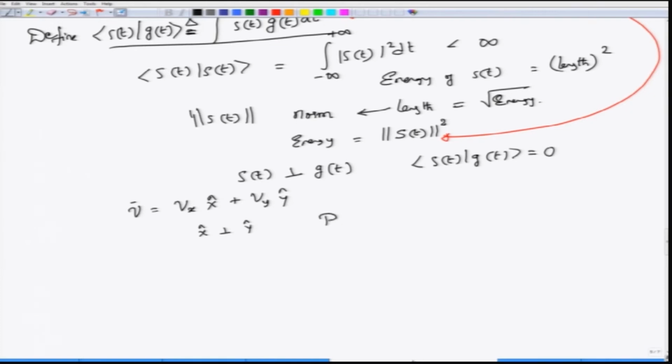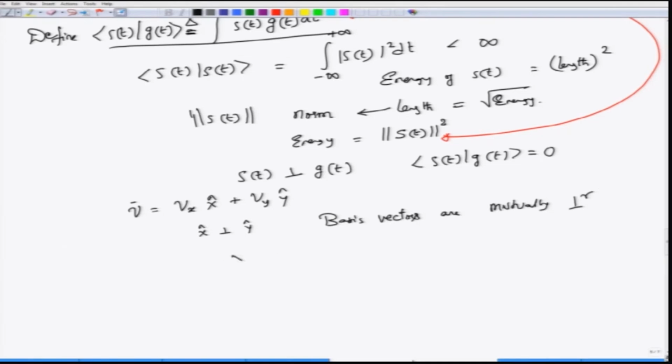So, this is the additional property that the basis vectors are mutually perpendicular. If you were to consider the 3-dimensional case, then x is perpendicular to y, x is perpendicular to z, y is perpendicular to z. So, they are all mutually perpendicular to each other.